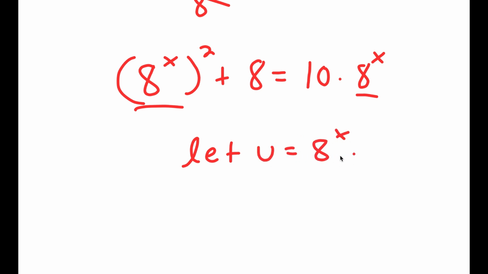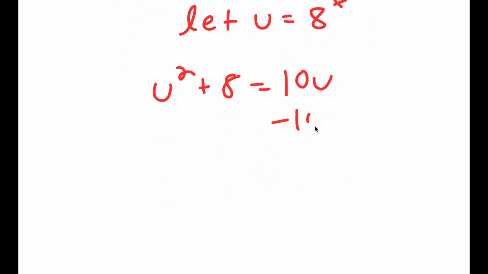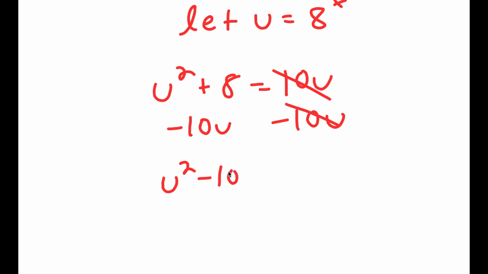So now if I substitute in u for 8 to the power of x, I get u squared plus 8 is equal to 10u. And now I'm going to subtract 10u on both sides. So then these two cancel out, and I get u squared minus 10u plus 8 is equal to 0.